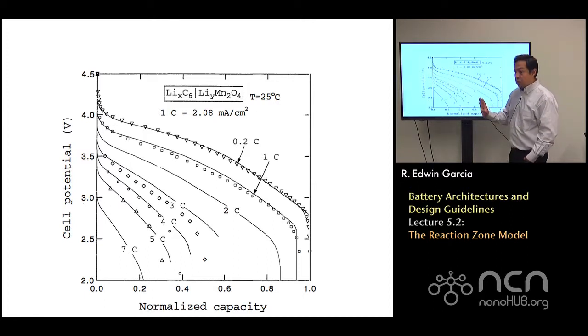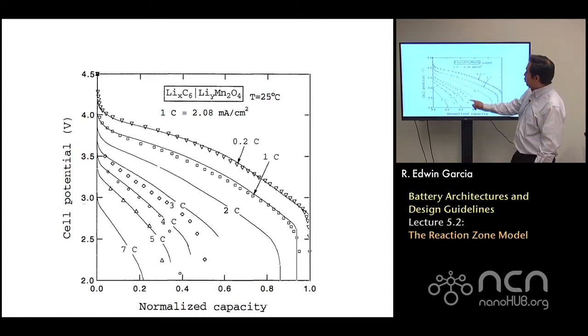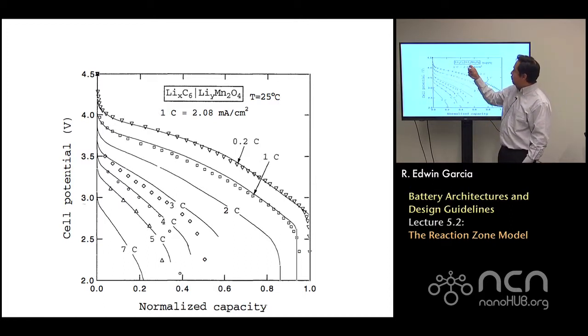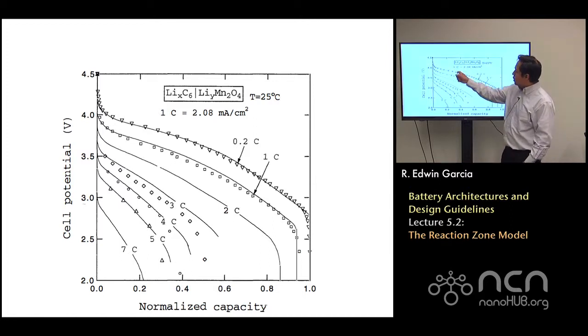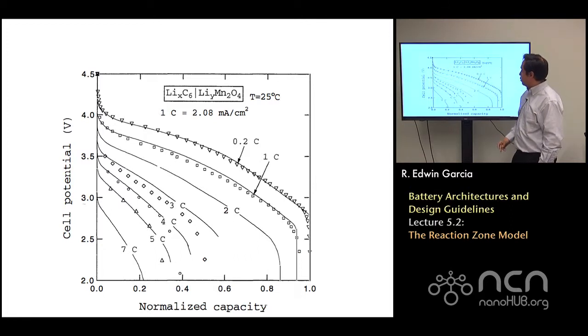As we have learned already, each curve you can see here is labeled based on the C rate that this cell will have. This one corresponds specifically to a graphite lithium manganese oxide cell at 25 degrees C. In this case, 1C, the C rate at which a battery discharges in 1 hour, corresponds to 2 milliamps per centimeter square.